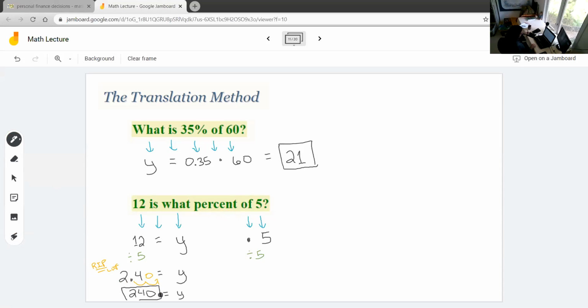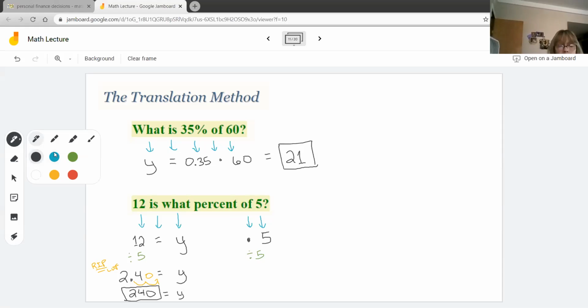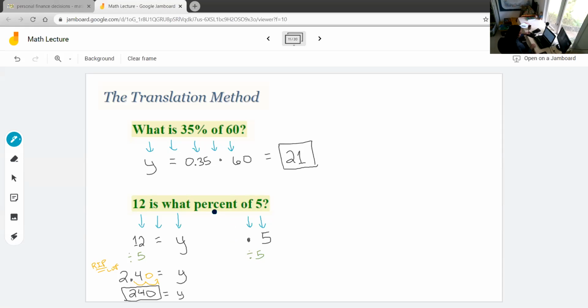And y is 240. Can you see the bottom of the screen okay this time? So again, what happened was I maybe could have translated percent, but I don't. When I took that away, I just had to remember that it's going to ask me for a percent, so I'm going to have to fidget at the end and make it the percent.